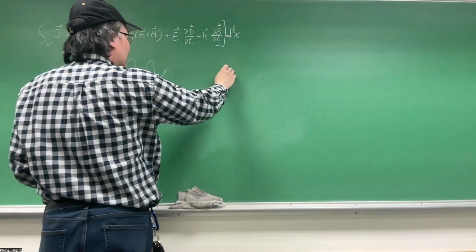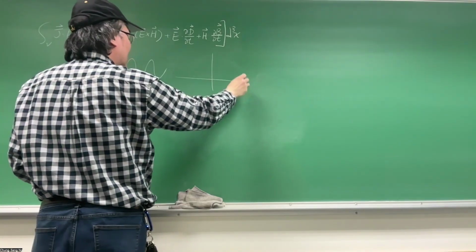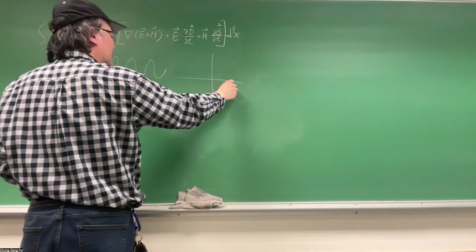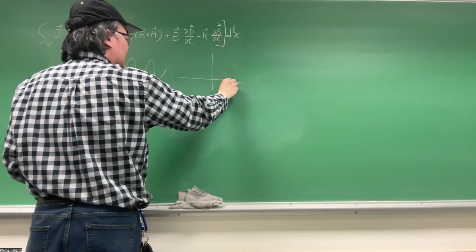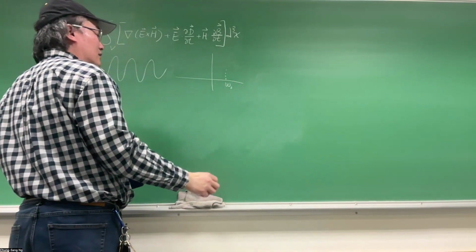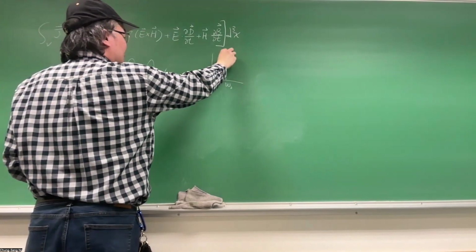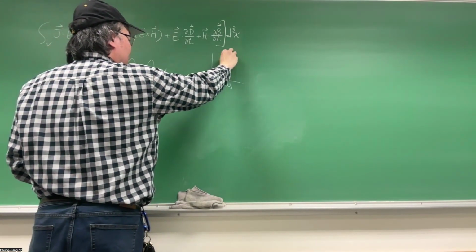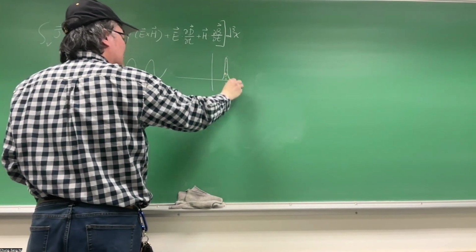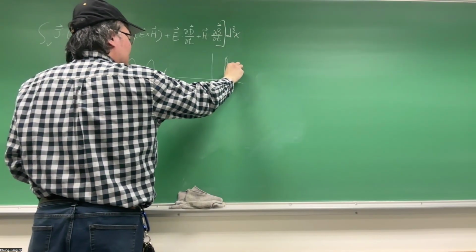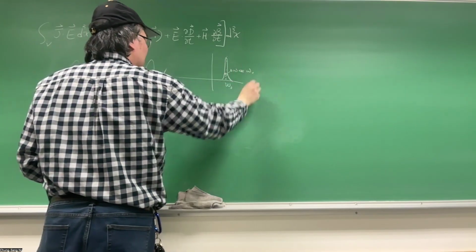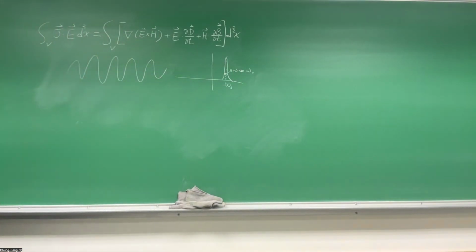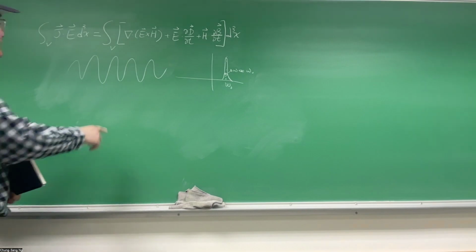So in the Fourier transform, or if you look at the spectrum of the wave power, it will be centered at some omega sub 0, but the line width will be very narrow. We have a line width delta omega that is much smaller than omega sub 0.